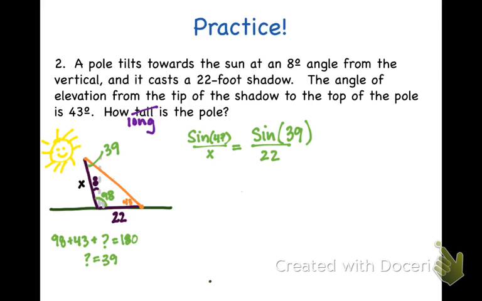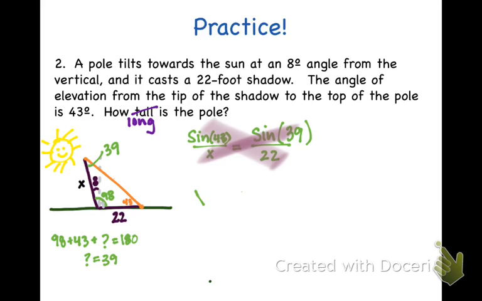And now I have a law of sines set up. Sine of 43 degrees over x equals sine of 39 degrees over 22. And I want to solve for x. So again, it's a proportion. Cross multiply, best friend.